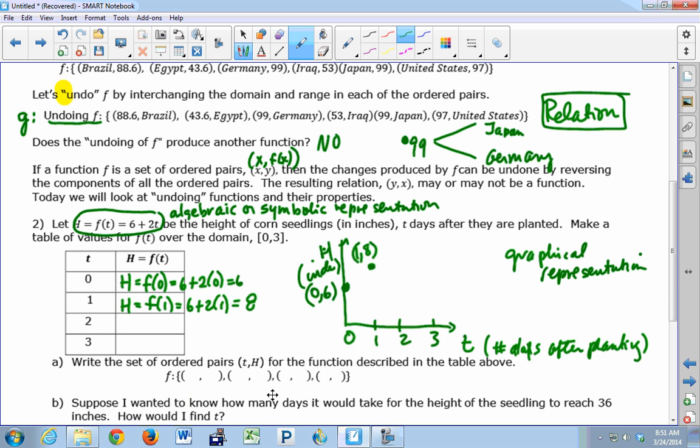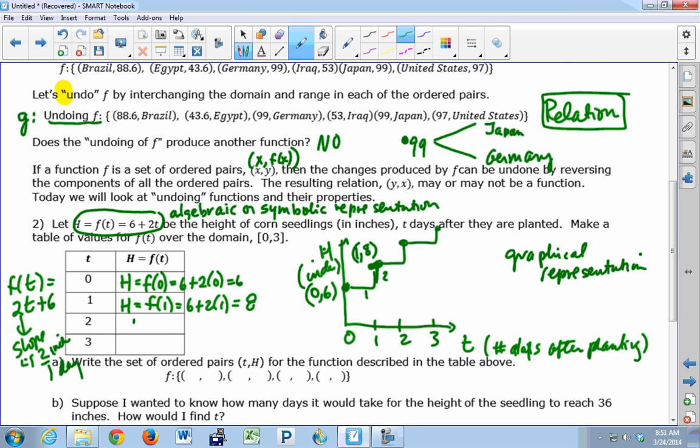Okay, so Tyler's saying that since our equation here, f of t equals 2t plus 6, we know the slope is 2 to 1. And if we look at our units, 2 inches per day. So it's going to grow 2 inches every single day. That never changes. That's what makes this a straight line. So it goes up 2 inches every single day.